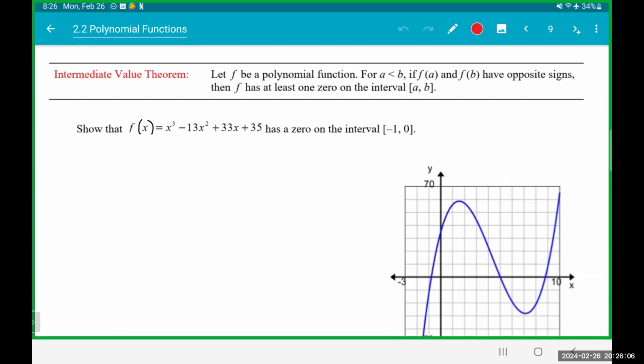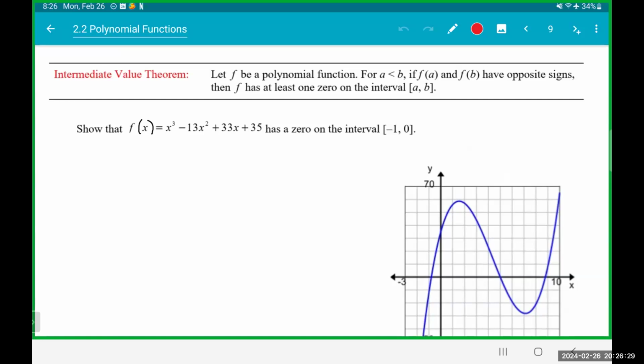So if I have a polynomial, and I want to look at two x values on an interval, say from A to B, and I evaluate those at y, and if they have opposite signs, then that means that it has at least 1 zero on that interval.